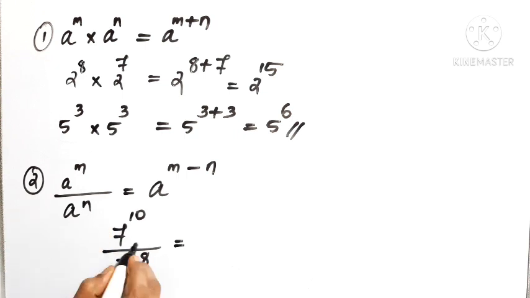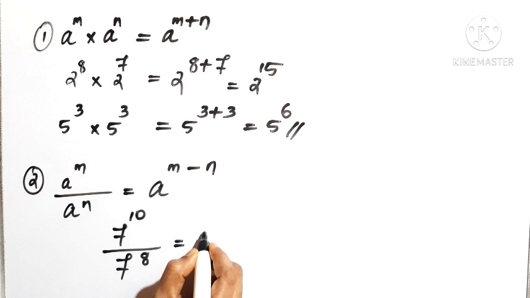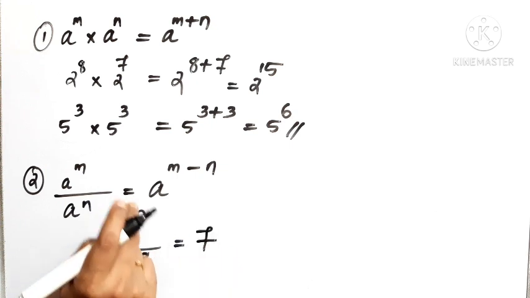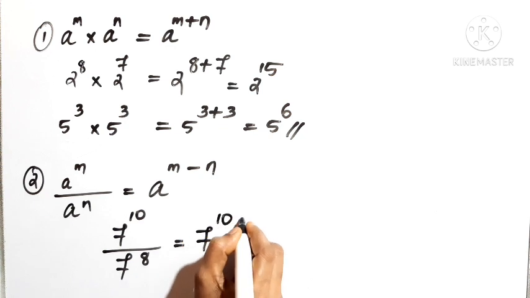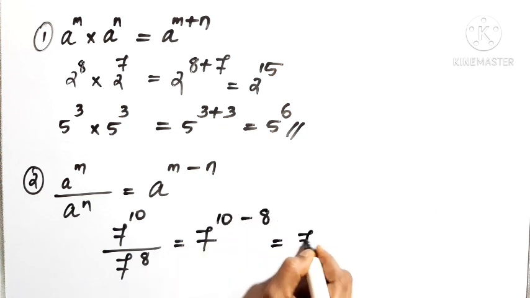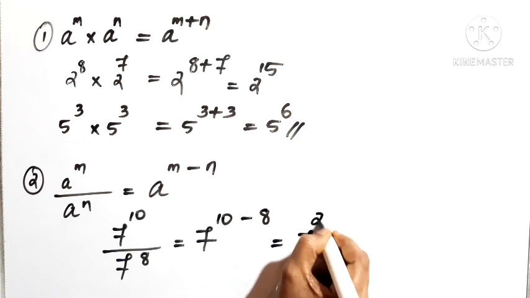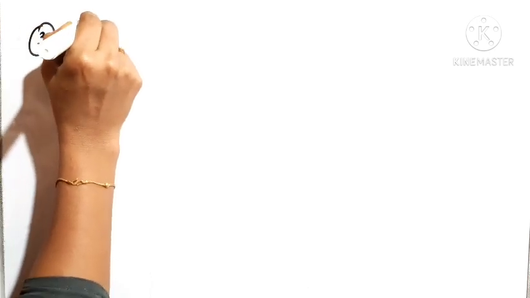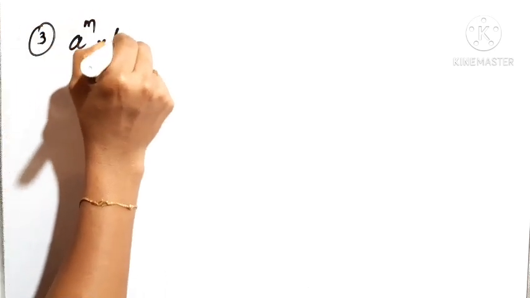Okay, so here answer becomes a base here 7, no? So 7 raised to 10 minus 8 equals 7 raised to how much children? 2. Okay, clear no?